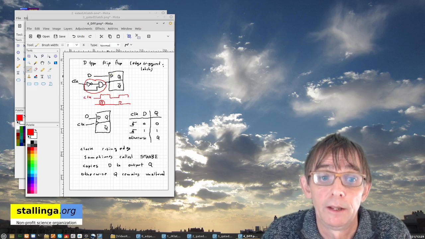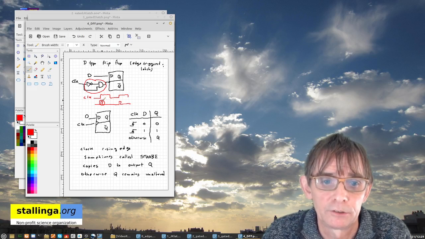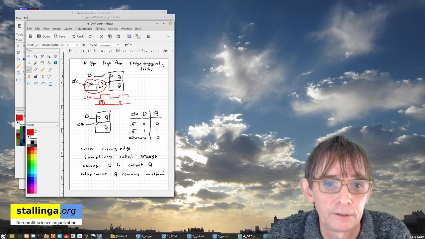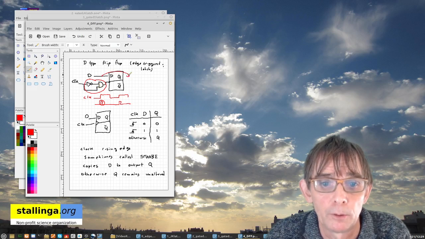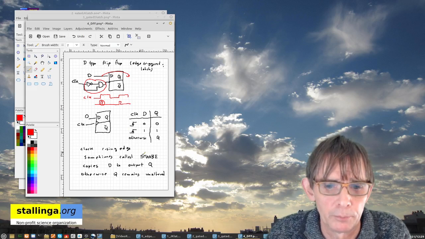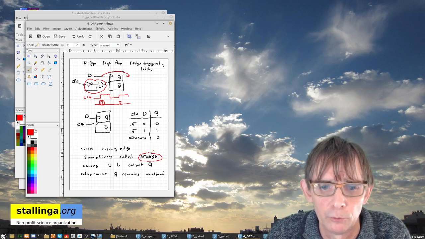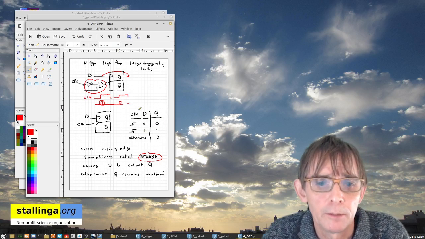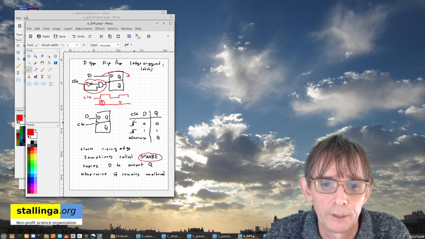At that moment, on the rising edge of this clock pulse, the input will be copied, strobed to the output, because sometimes you can see in literature they use the word strobe for that. Then at that moment the input is copied to the output when it is strobed.